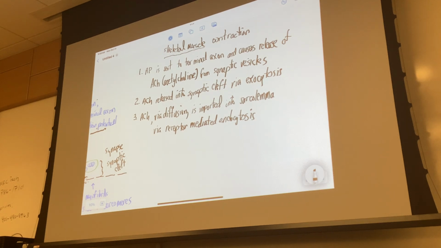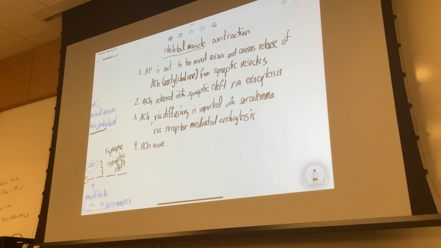ACH goes to the sarcolemma, which is the cell membrane of the myocyte, and it goes into the sarcolemma through receptor-mediated endocytosis. There's a number of different mechanisms there, but we have cells that have specialized receptors for these neurotransmitters, and you don't need a lot of these neurotransmitters to cause something to happen.